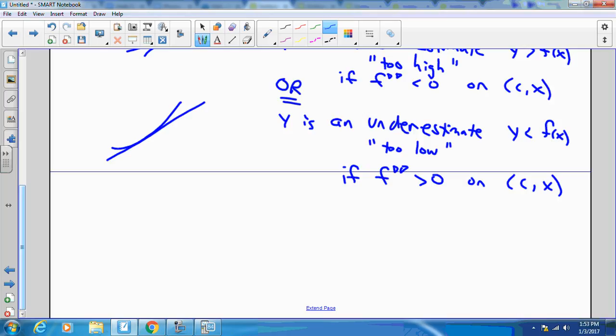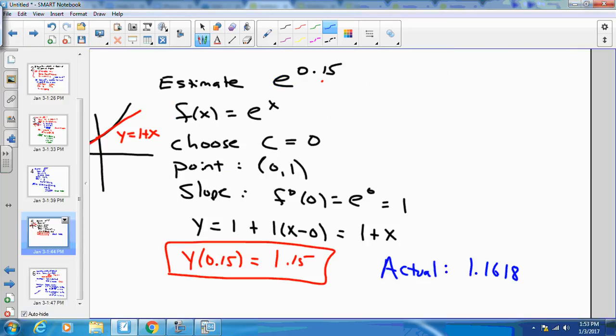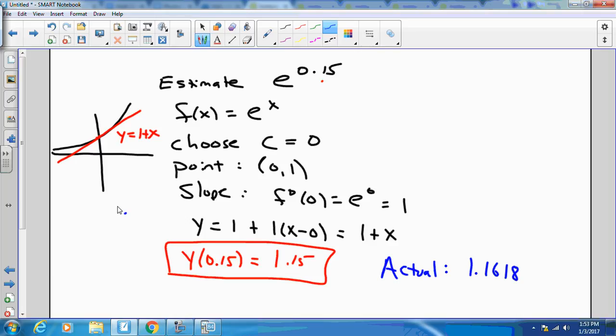To do that, its derivative has to be increasing. The curve has to be concave up. And we saw this happen when we estimated e to the 0.15. We got 1.15, the actual was larger. Why? Because the curve y equals e to the x is concave up, and therefore it lies above its tangent line.